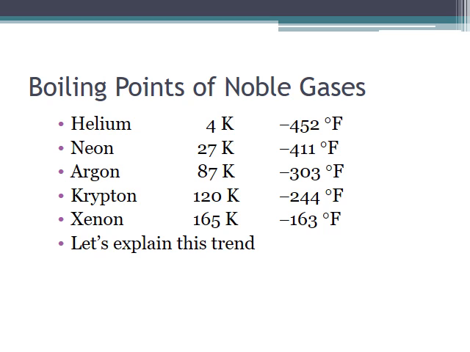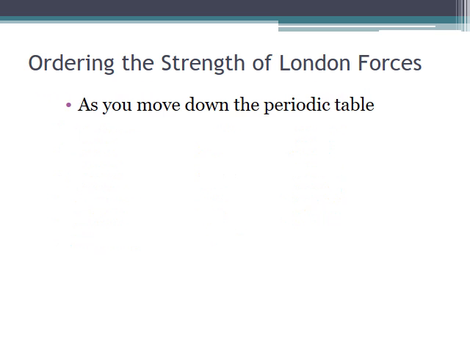You don't have to memorize these, but just realize that they are low temperatures and look at the trend. As we go down the periodic table, the boiling points increase. Let's talk about that. As you move down the periodic table, the atomic number increases.